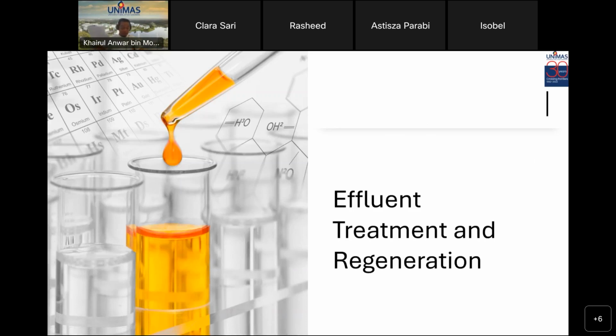Another case study is effluent treatment and regeneration.